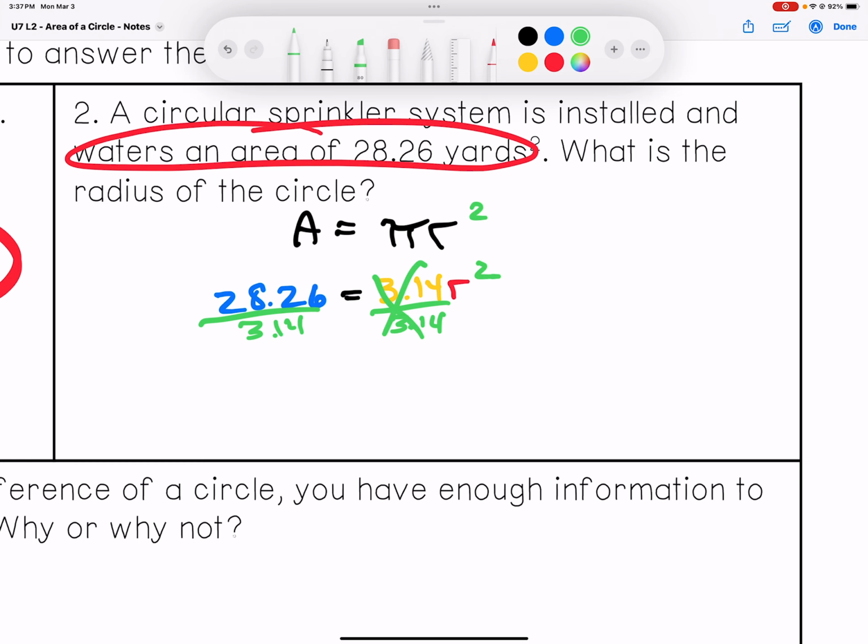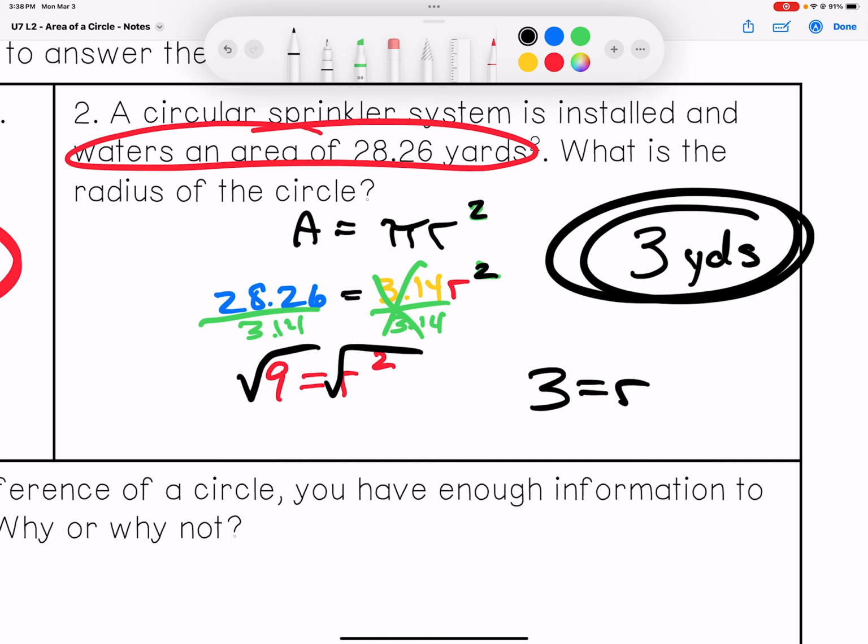I forgot my squared out there, my bad. And you're left with 9 equals r squared. And to get rid of that, you take the square root of both sides. What number times itself gives you 9? Or if you don't know, go in your calculator, hit the second button at the top left, hit the square root button beside 7. It's going to open a parenthesis, type in 9, close that parenthesis, and hit enter. And your answer is going to be 3 equals r. So the radius is 3 yards.